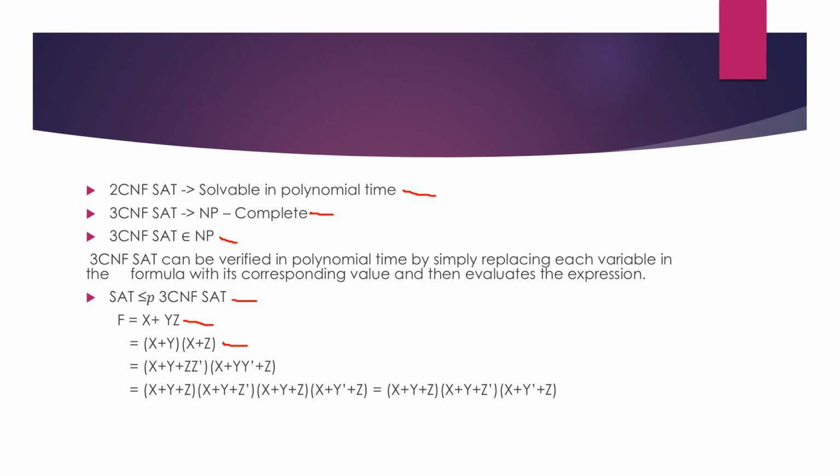Now we will add z dash, because it is 0, since we are doing an AND operation of a variable and its complement, this value will become 0. In the same way we will add y and y dash, and expand it further. So we can reduce the satisfiability problem to 3CNF form in polynomial time. This is 3CNF form because we have 3 literals in one clause.